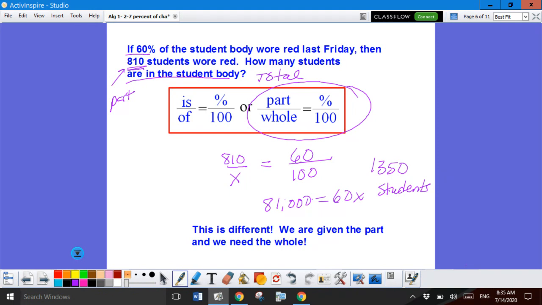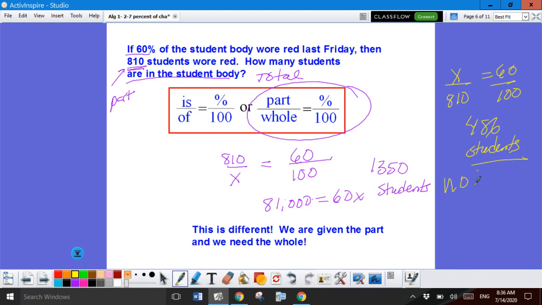Now, here's one of the things to be aware of. If you do this wrong, let's say that I switched it and I made my equation look like this. If I take 60 times 810 and I divide by 100, that's going to give me 486 students.